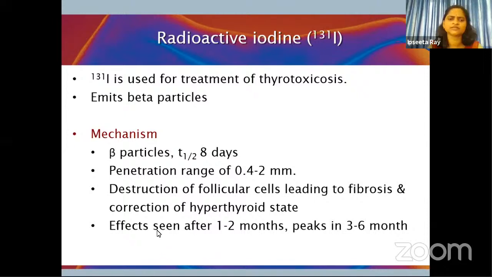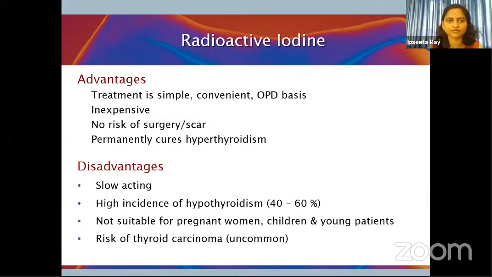Only disadvantage is that although the action is permanent, it has a slow onset of action. Advantage of radioactive iodine: treatment is simple, convenient. It can be done on an OPD basis, inexpensive, no risk of surgery or scar, and permanently cures hyperthyroidism. Disadvantages are also there: slow acting, so it is combined with the thioamides.